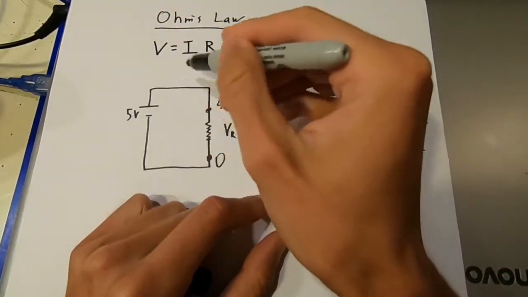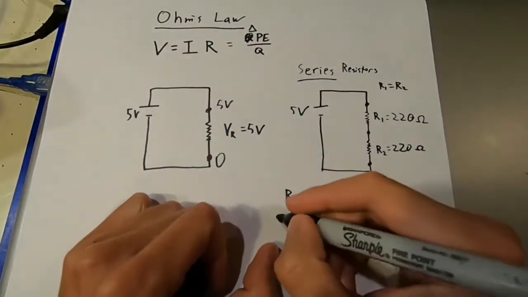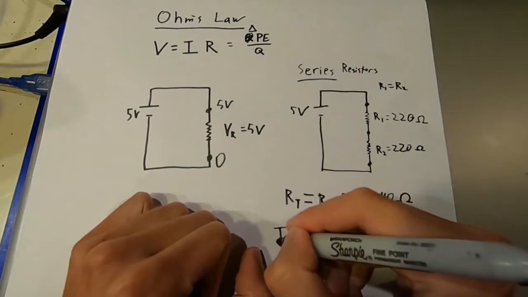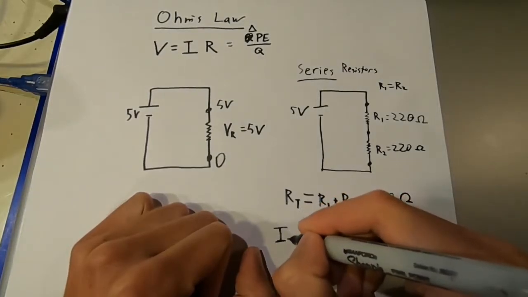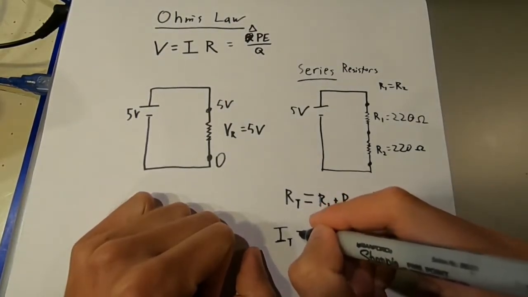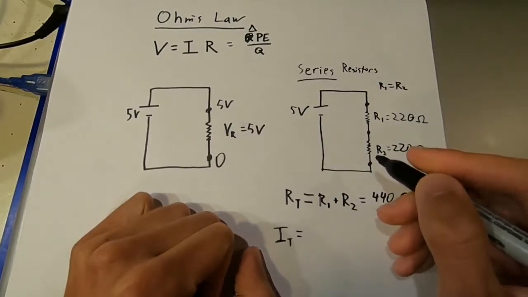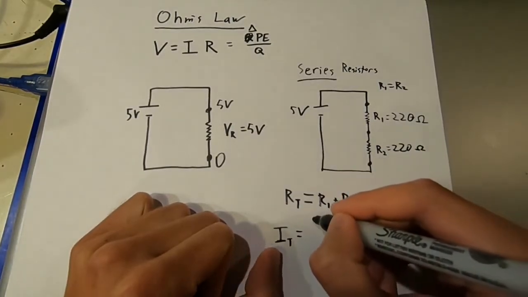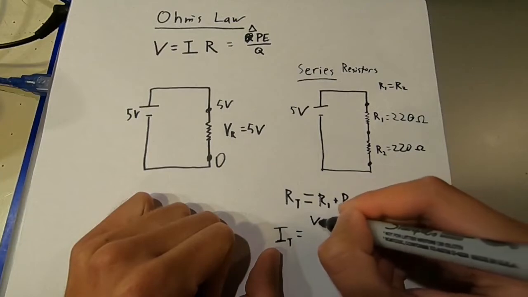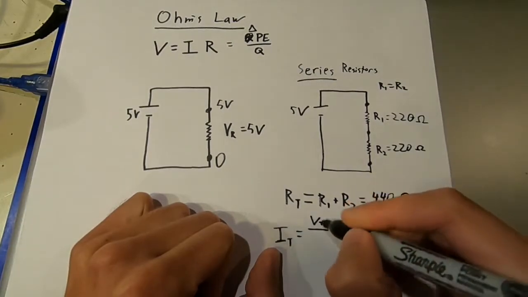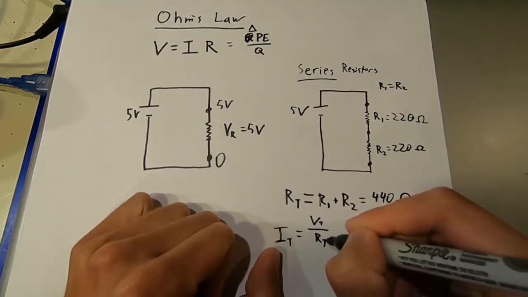Then rearranging this equation, V equals IR, we get that I total is going to be equal to voltage total over the resistance total.